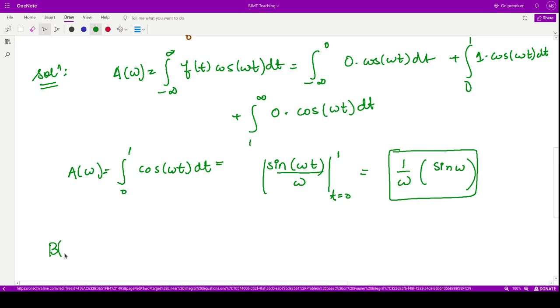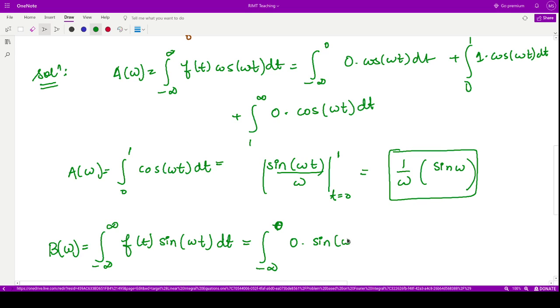Next let us determine B(omega). According to the formula, B(omega) is the integral from minus infinity to infinity of f(t) sin omega t dt. Again I can break this into three integrals. From minus infinity to 0, the function's value is 0 times sin omega t dt. This is the first integral.